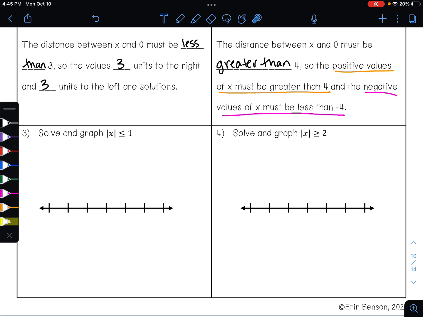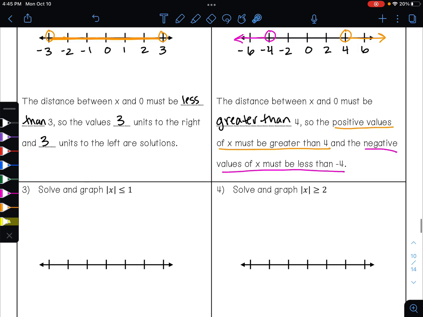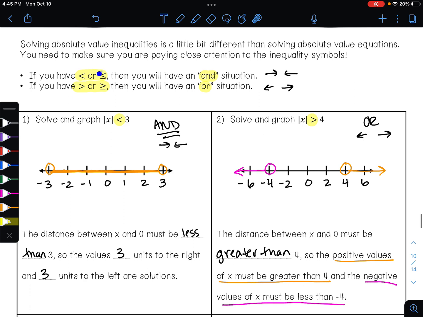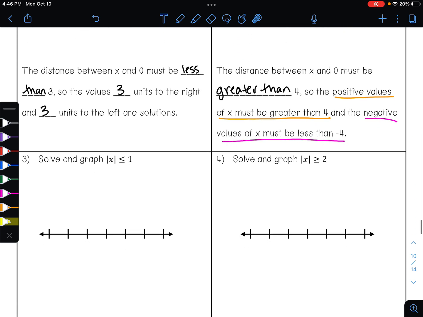So on example 3, this one is less than or equal to. Less than or equal to is going to be an and situation. And so that means that we're going to be heading towards each other.